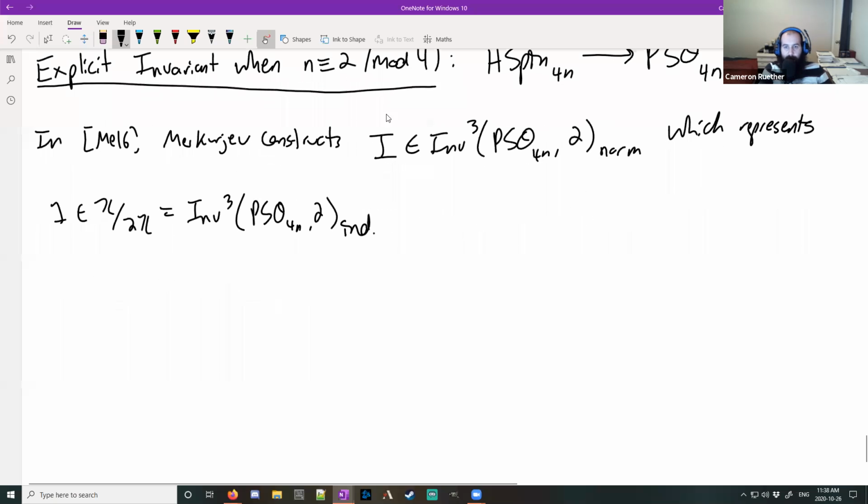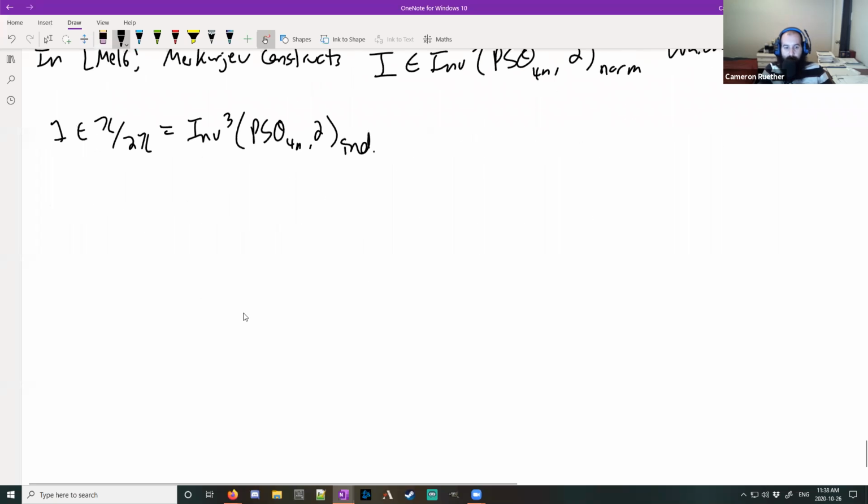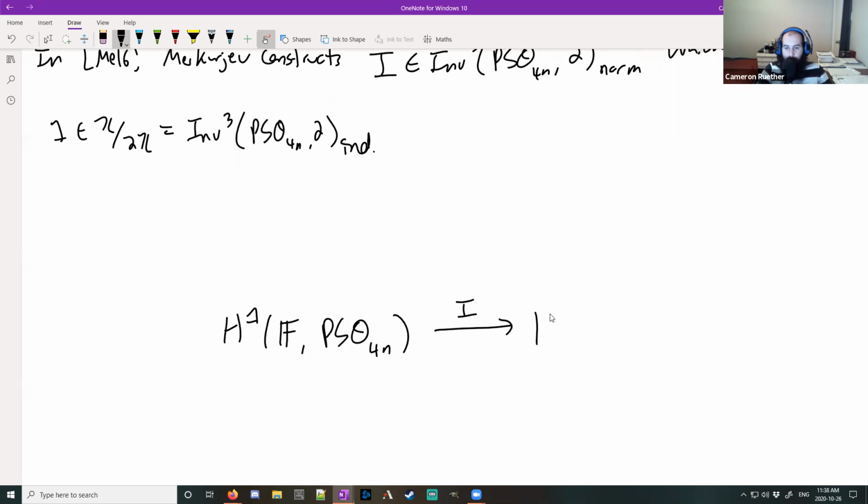And just to briefly outline how this invariant works, there's degree 2. So we're going from the first Galois cohomology of PSO via I into here, the Brauer group.